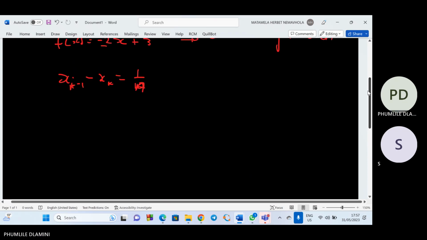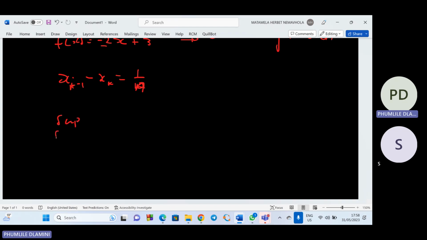So now that we have this 1 over n for the change, the supremum of f in the interval x k minus 1 to xk is going to be equal to f of x k minus 1, the way I was doing in that question.